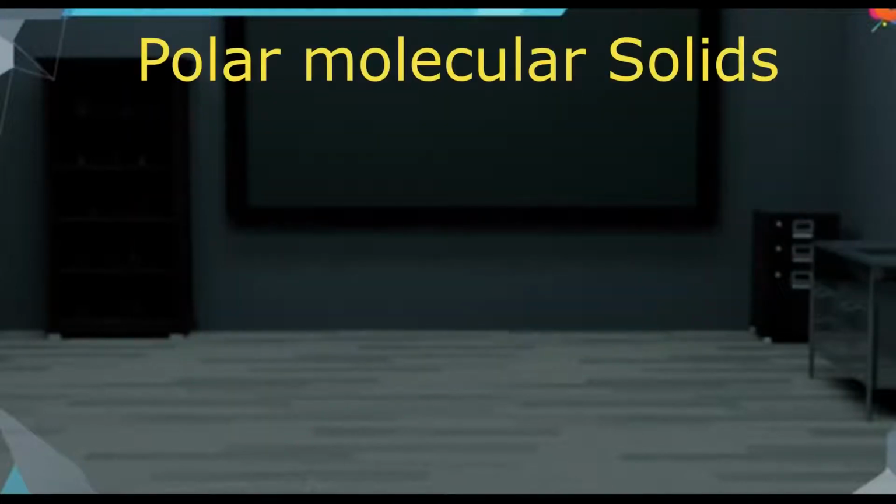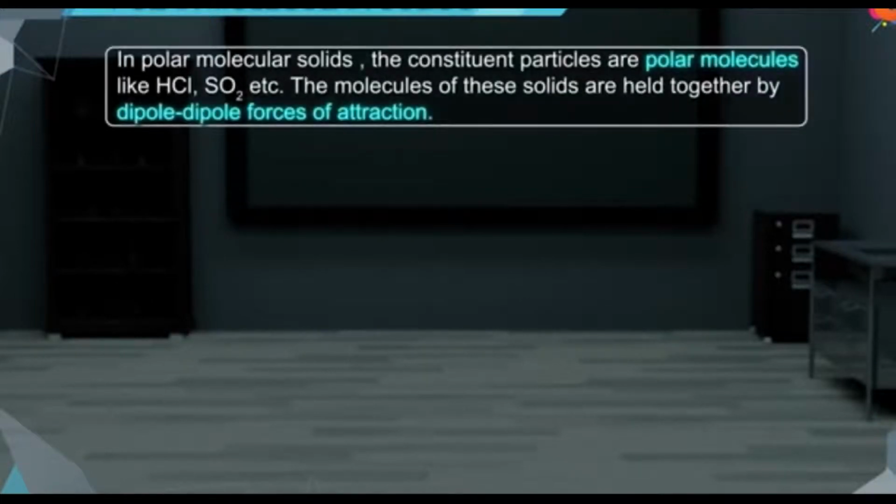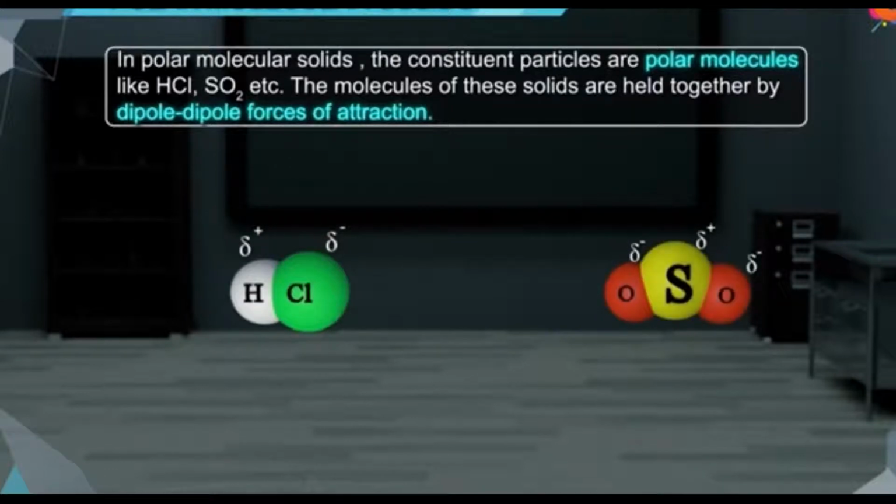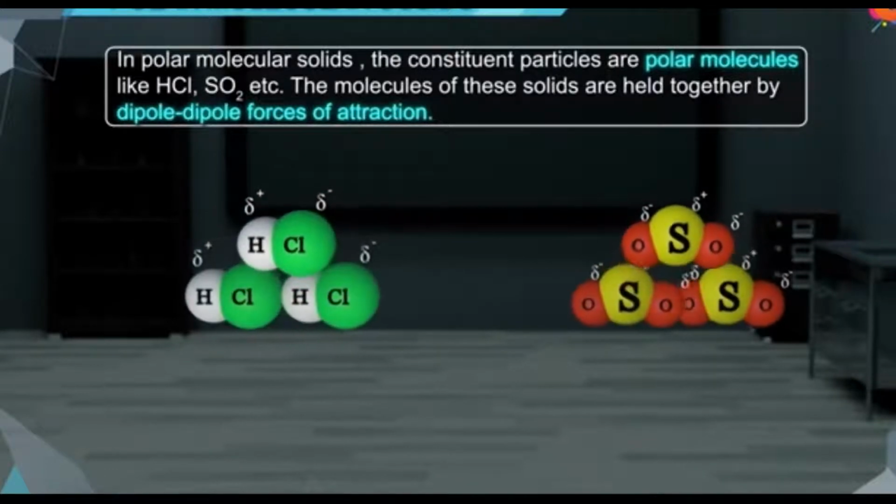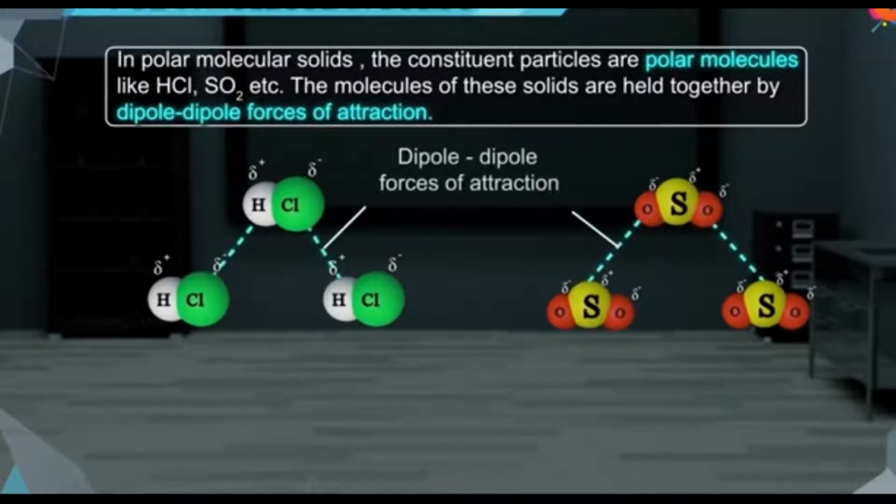Polar molecular solids. In polar molecular solids, the constituent particles are polar molecules like HCl, SO2, etc. The molecules of these solids are held together by dipole-dipole forces of attraction.